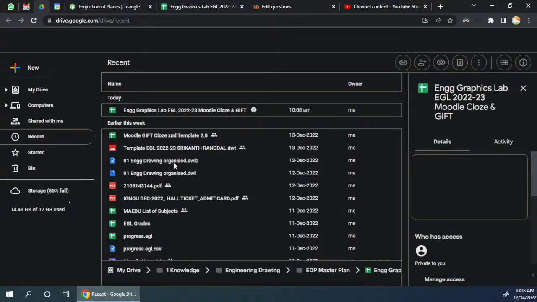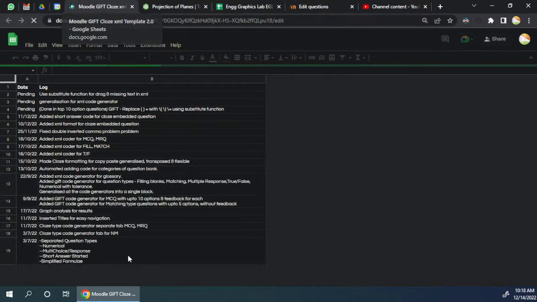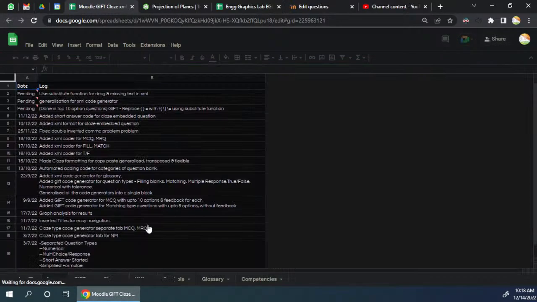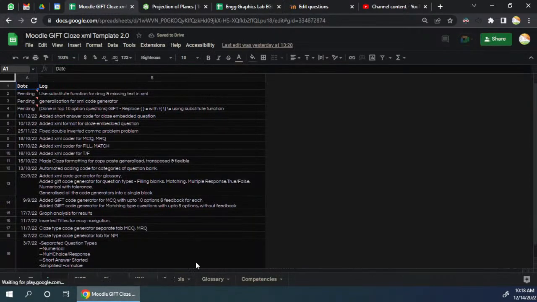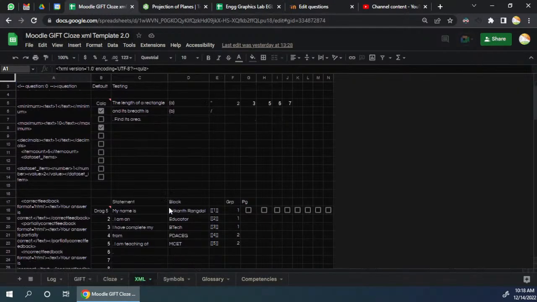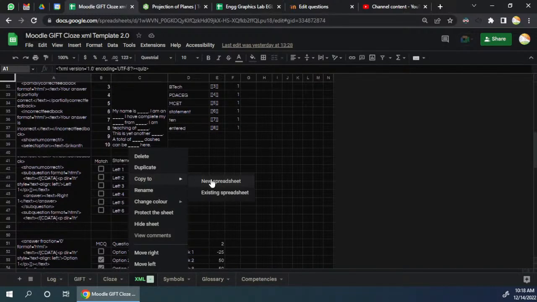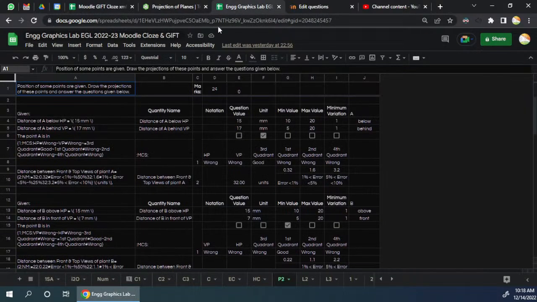I guess I had created a new XML version for the cloze, so I think I'll just go ahead and use that. That will also help us do some troubleshooting if there are any errors in this. Okay, so the XML version is what we are interested in doing. So let me take a copy of this, copy to existing, and then this is where we want this to be copied.